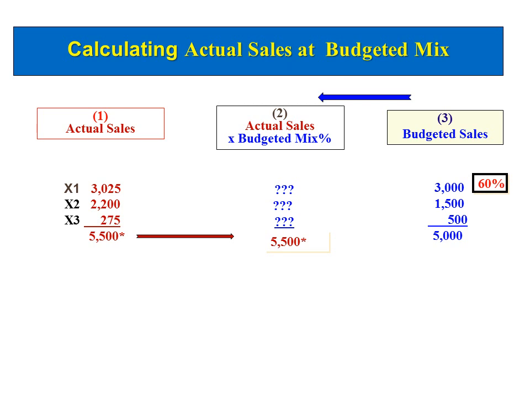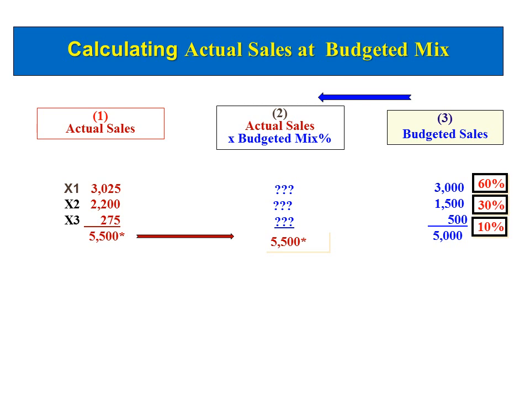For x2, 1,500 divided by 5,000 will equal 30%. And the rest, x3, 500 divided by 5,000 will equal 10%. You have to remember that the total of percentages must equal 100.